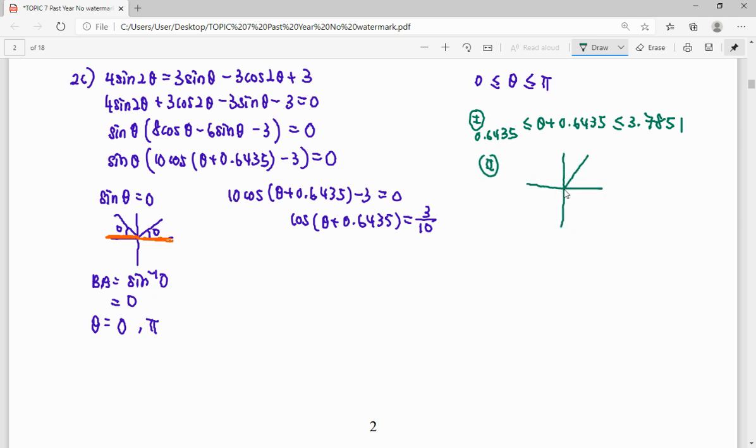Cos positive will be located at quadrant 1 and quadrant 4. Then we continue with step 3, which is the basic angle. We shift cos inverse to the right hand side. Bear in mind your calculator is still in radian mode.